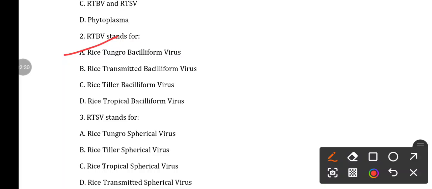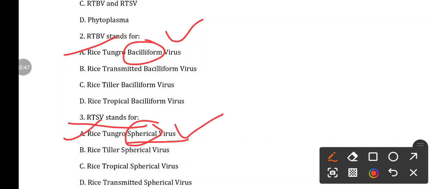Similarly, question number 3: RTSV stands for Rice Tungro Spherical Virus. So here two variants are there, Rice Tungro Bacilliform and Spherical. When these two viruses co-infect a plant, that leads to the Rice Tungro disease.